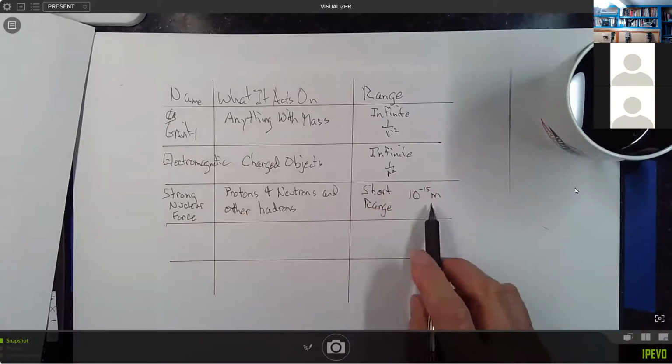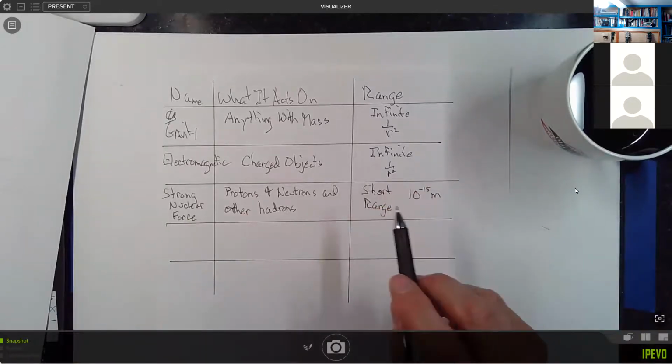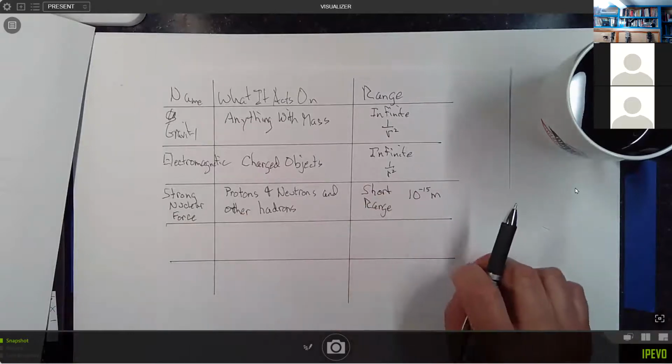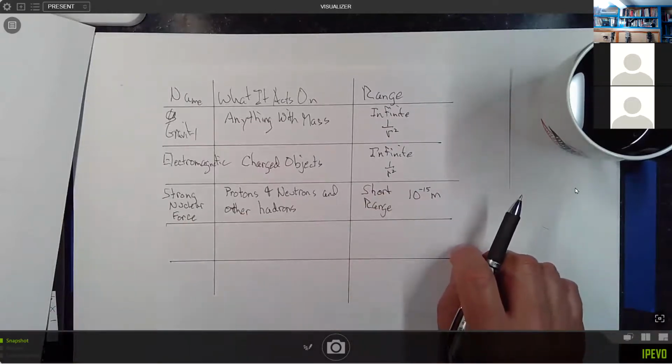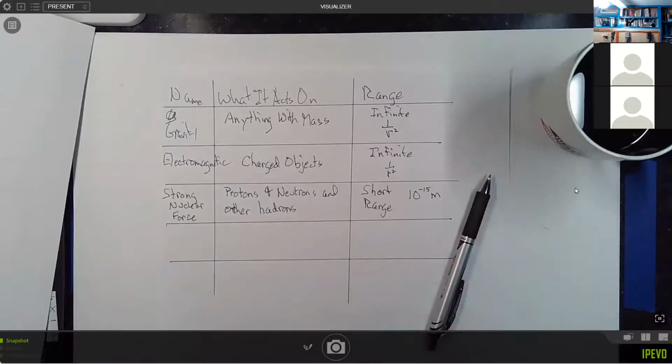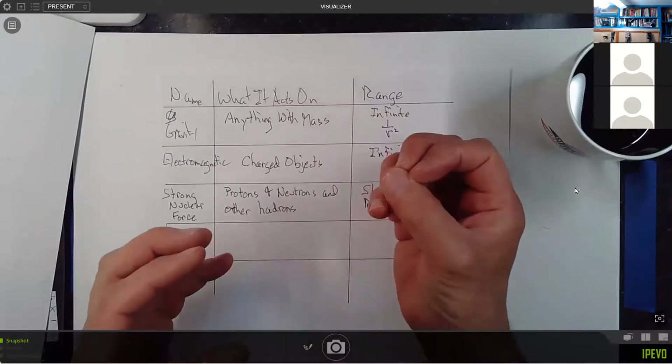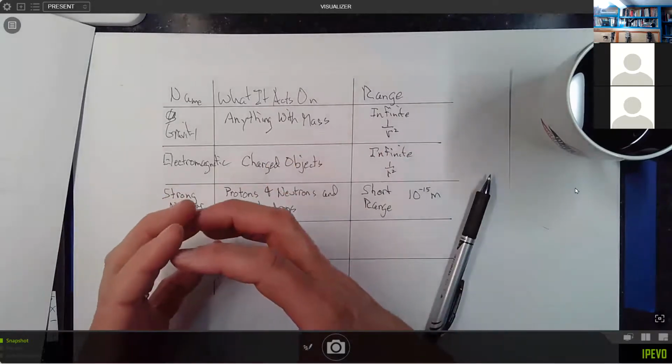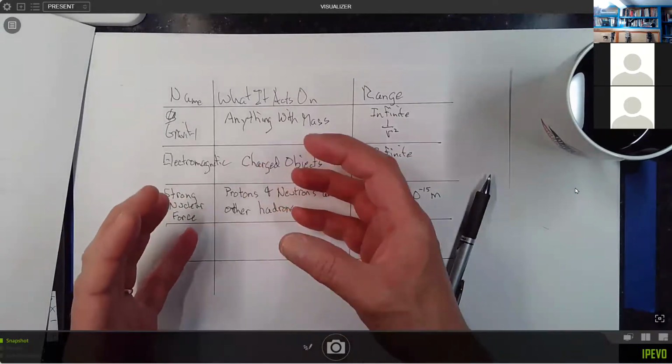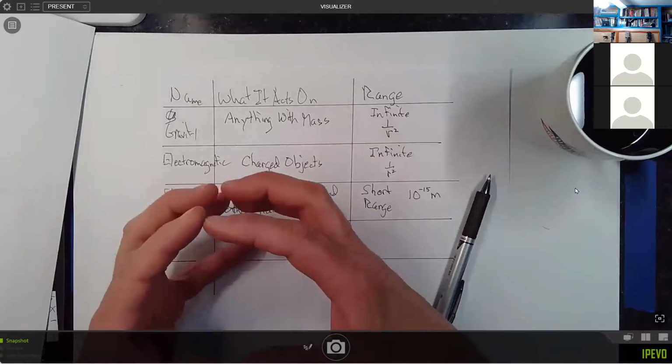Okay, well, that's pretty short range. It doesn't even reach all the way across a large nucleus. And so in large nuclei like uranium, the protons on one side won't feel the nuclear force of the protons on the opposite side of the nucleus.